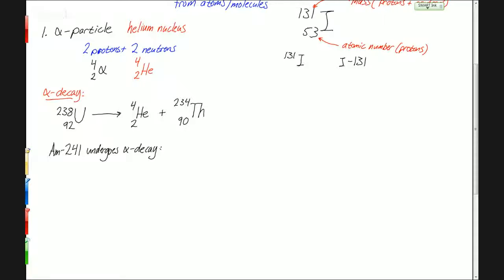So you first write the Americium-241, which has an atomic number of 95. And then the alpha particle, and then whatever's left. Should be something like that.